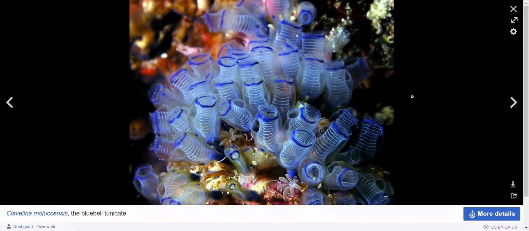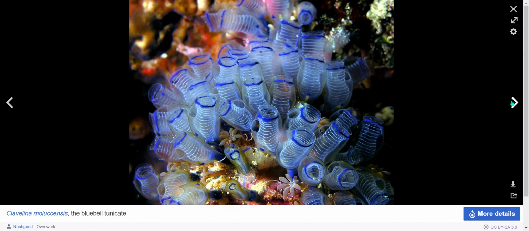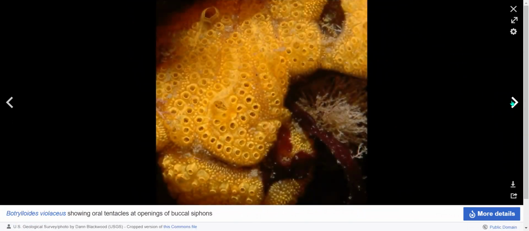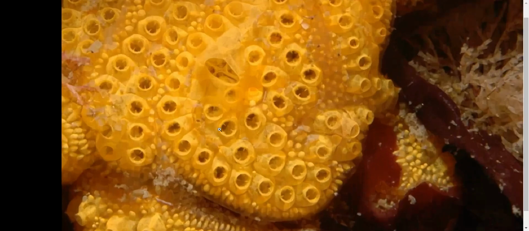Or sorry, here's a couple more pictures. Clavelina muluxensis, the bluebell tunicate. Yeah, they're quite remarkable looking as well. And Botryllloides violaceus, showing oral tentacles at openings of buccal siphons. So they have tentacles in there.